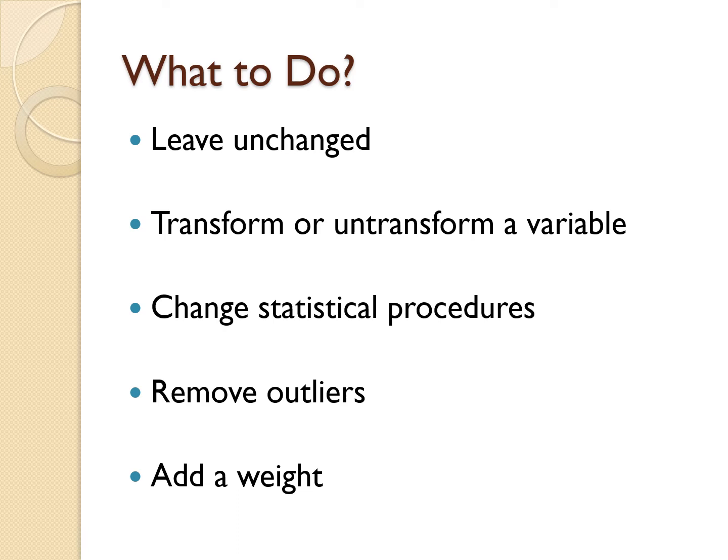You might change statistical procedures, and that's what I was mentioning with counts. You might conclude that OLS regression is not the correct procedure to use for your data. You could do what some people have done, and if it's just a few isolated points, just remove the outliers, and just say it in your methodology section.